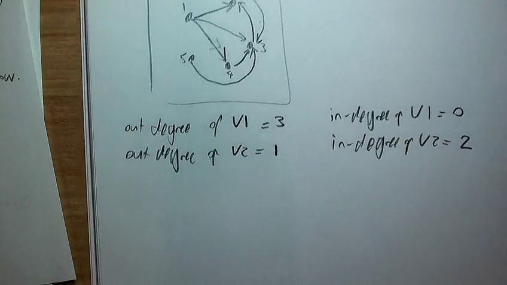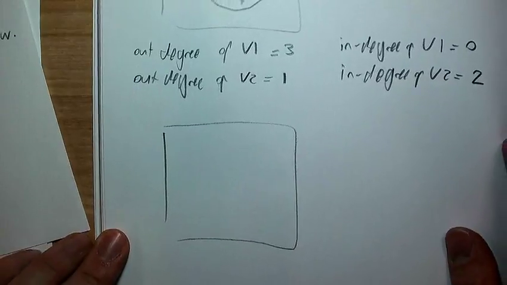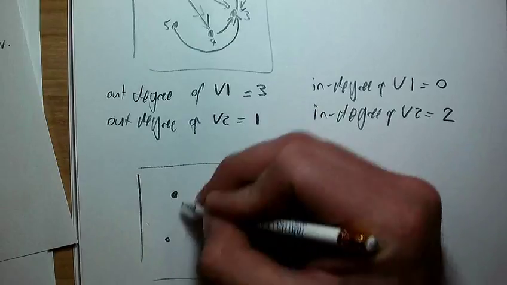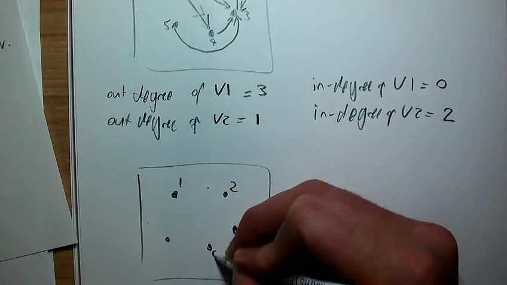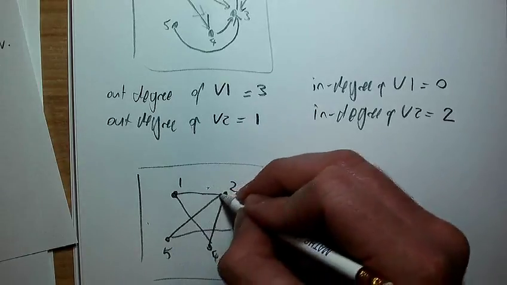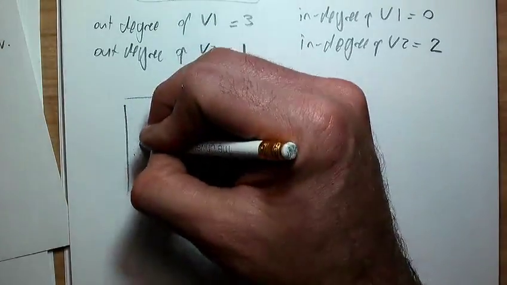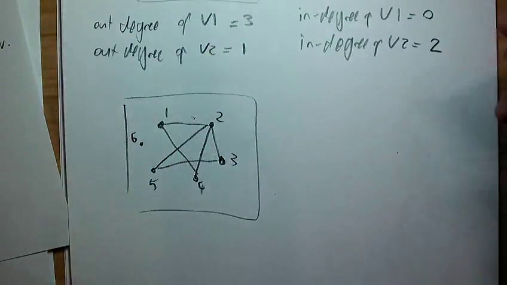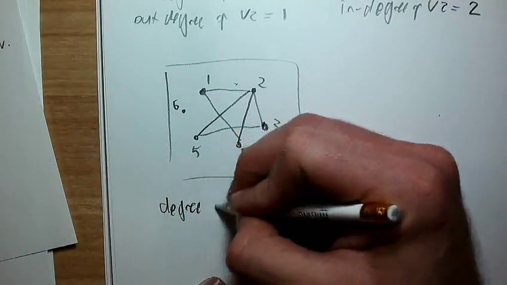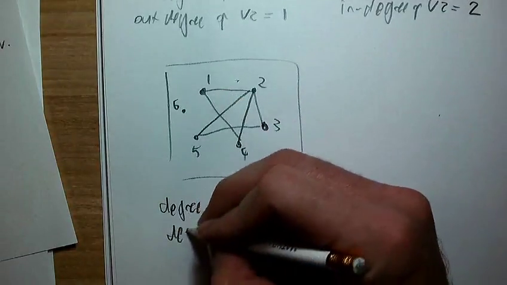That was for a directed graph, but for an undirected graph, which I will also number 1, 2, 3, 4, 5, maybe 6 as well, we can say the degree of vertex number 1 is 2 because it has 2 edges there.